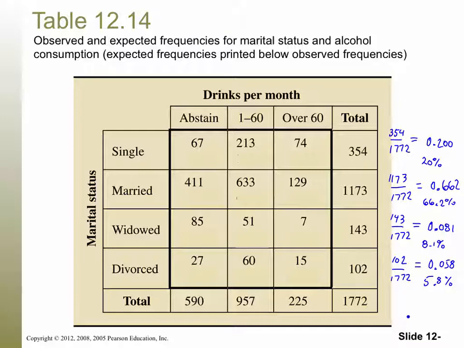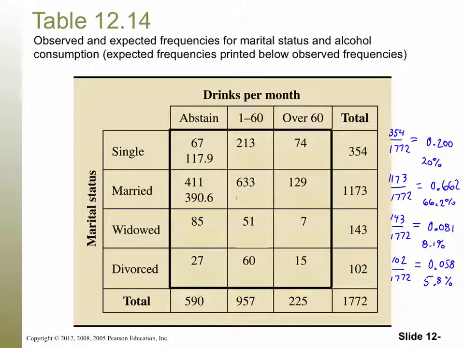So what is 20% of 590? 117.9. If in each category of drinks per month we have the same percentages, that's what we would expect if the variables are not associated. Okay, so married, we want 66.2% of 590. Should get 390.6.